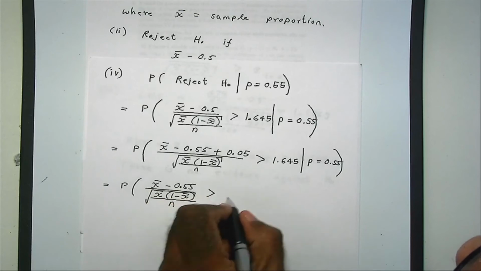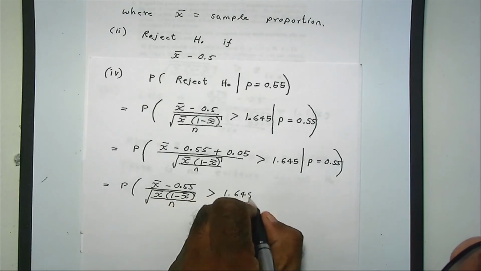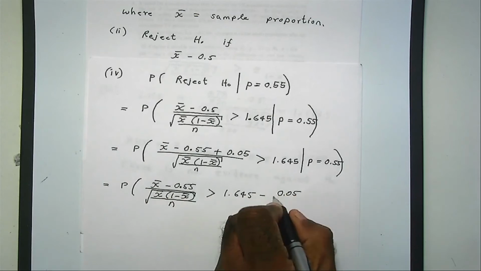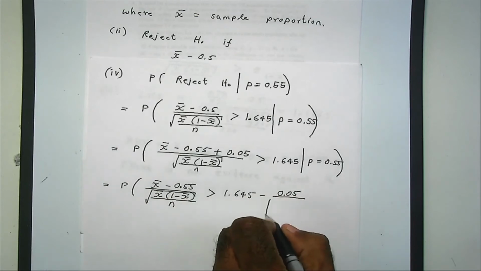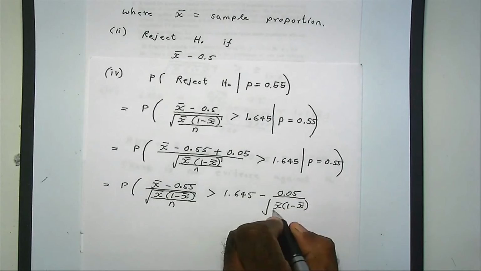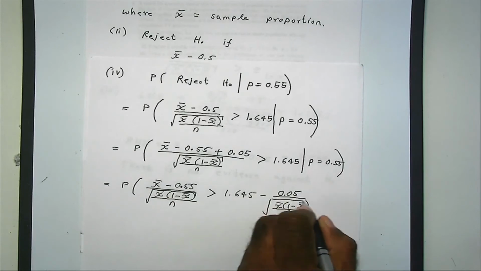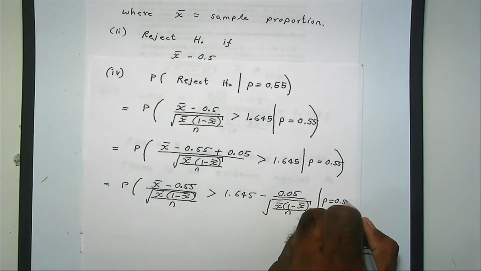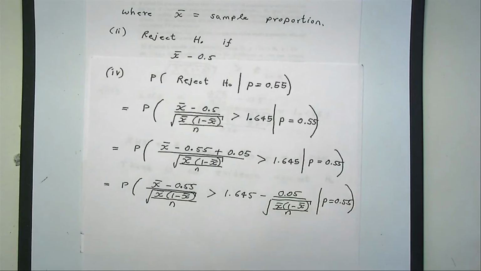So this is going to be 1.645 minus 0.05 divided by... okay.